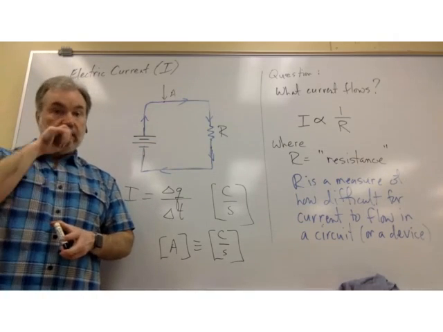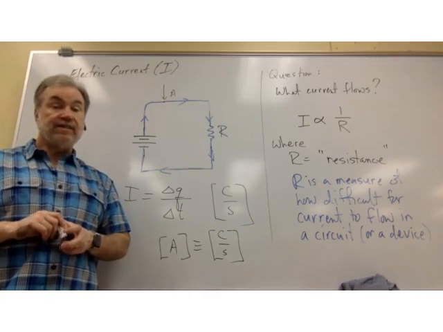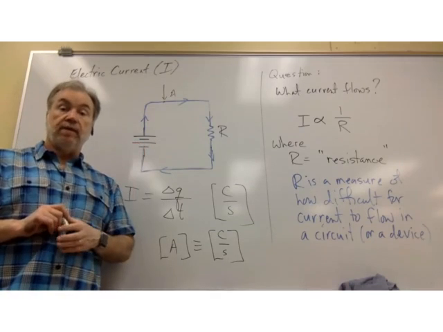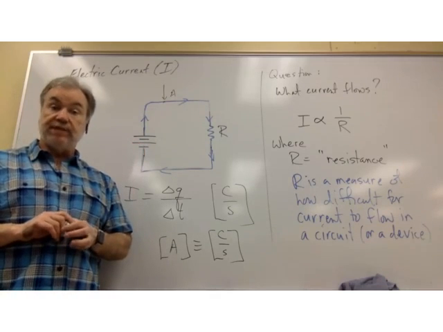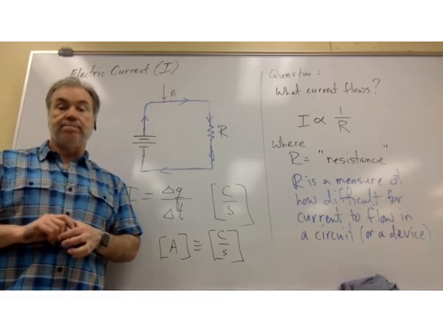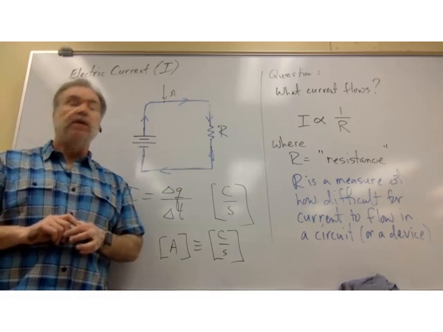That's simply because the rating on the side of the battery may not take into account the internal resistance of the battery that's tending to impede the flow of current, okay?